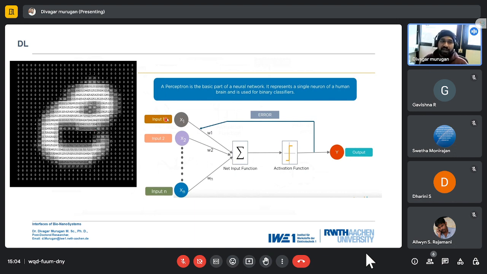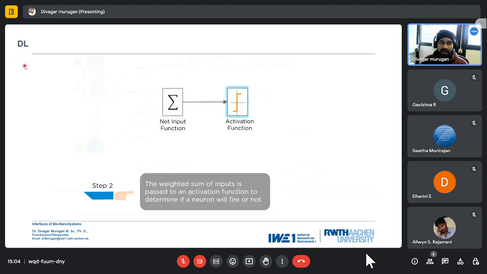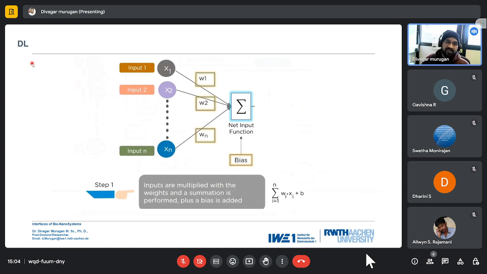You have to create this letter E, and then you have to create an input first. To create an input, what machine learning does is, from all the papers on which you have written E, it creates small pixels, and each of those pixels now acts as an input. For example, here you have pixels of 0, 0, 0, 0. All these numbers now act as pixels, and these pixels act as the input.